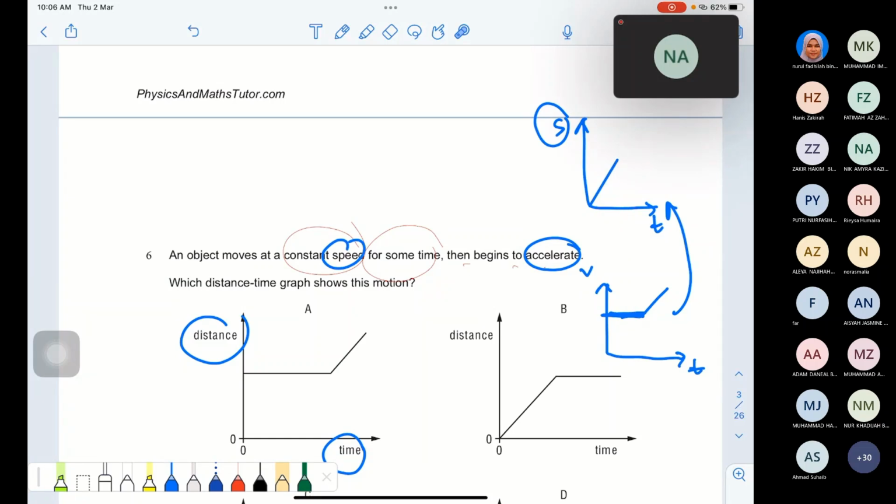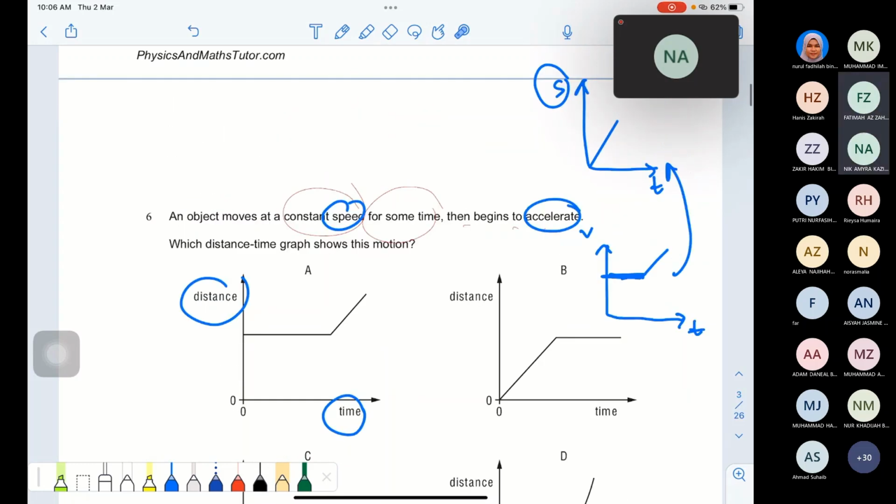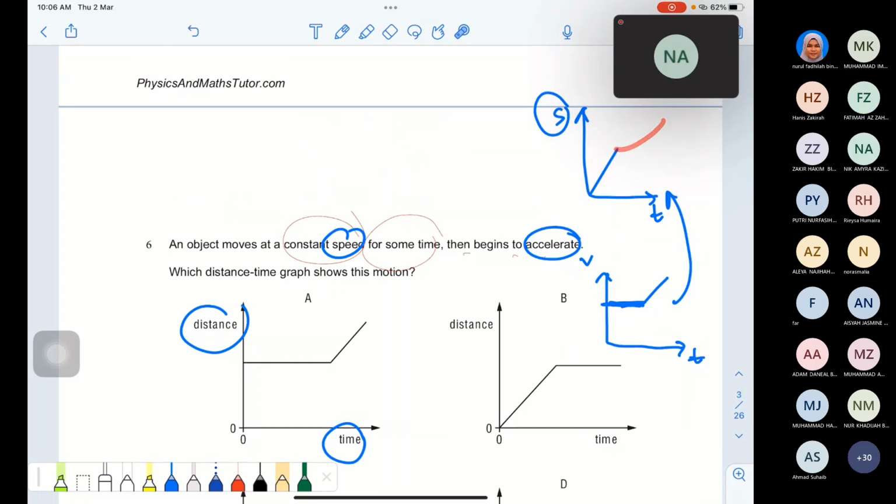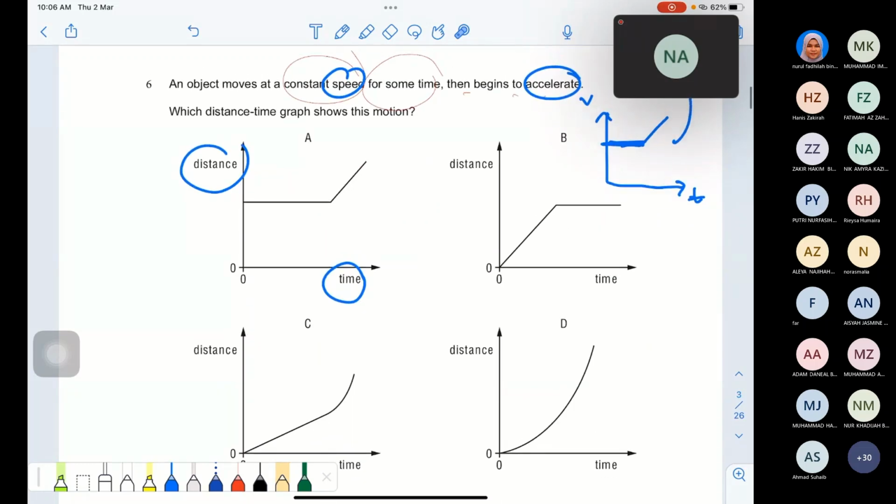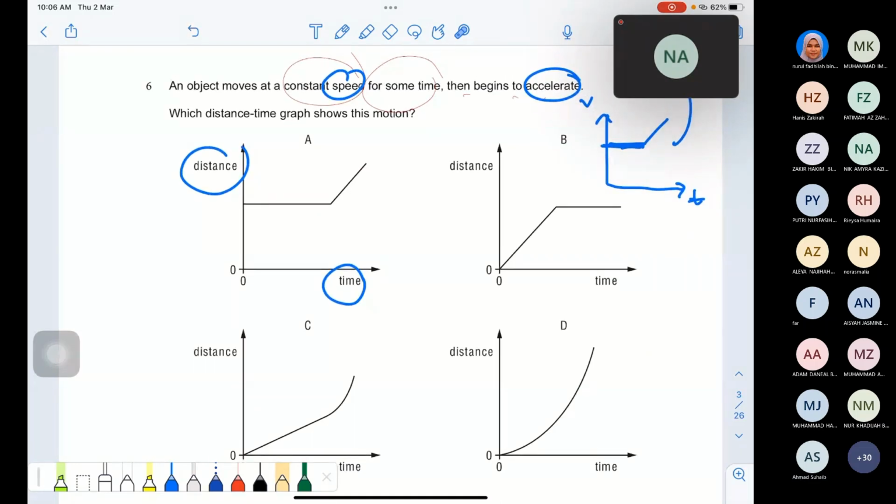And then begins to accelerate. This one melengkung. Melengkung macam mana? Begini ataupun macam tu? The first one or the second one? The first. C. First. Kenapa C? Okay. Alright, macam ni ya. Jadi, okay, siapa nak explain?